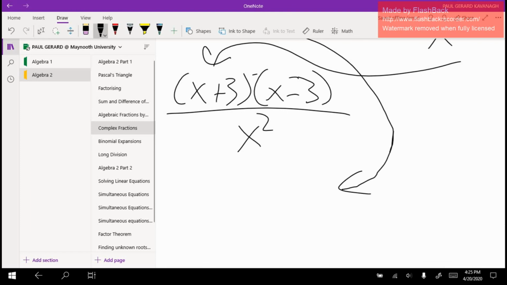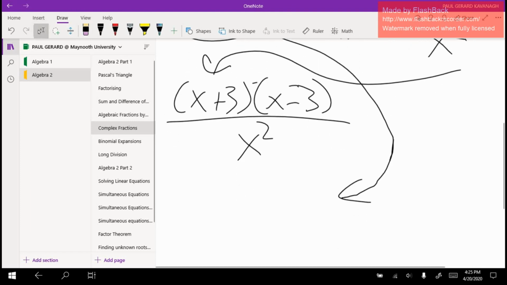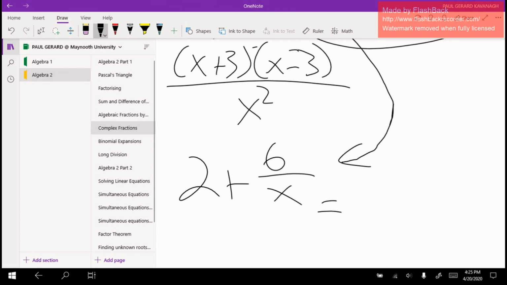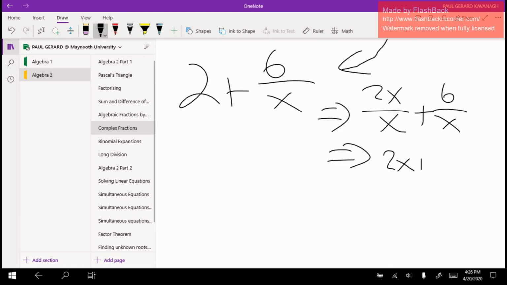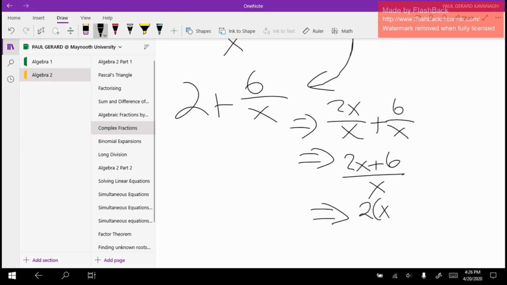So what is it? It is 2 plus 6 over x. That's basically 2x all over x plus 6 over x. That is basically x plus 3 all over x.